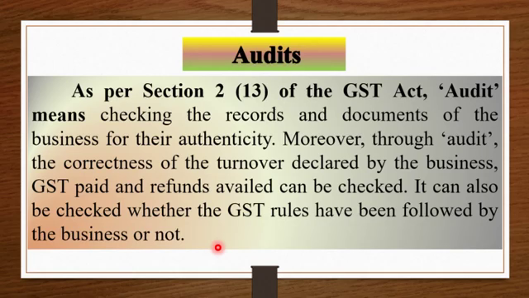The proper officer and his team shall verify the correctness of the turnover, the rate of tax applied on the supply of goods or services or both, exemptions and deductions claimed, refund claimed, the input tax credit availed and utilized, and record the findings in the audit notes.